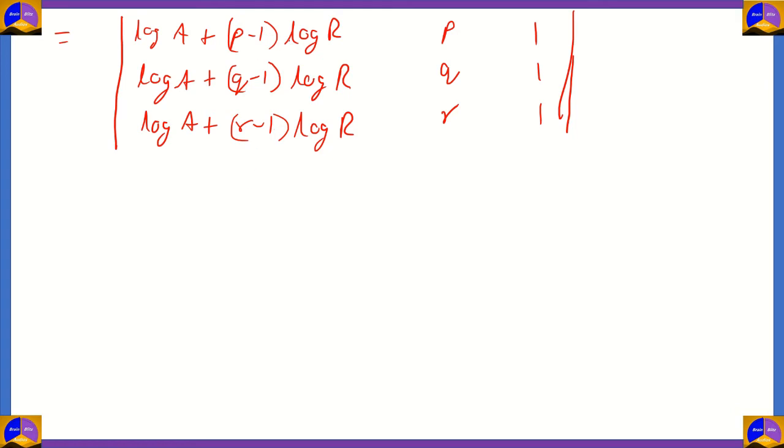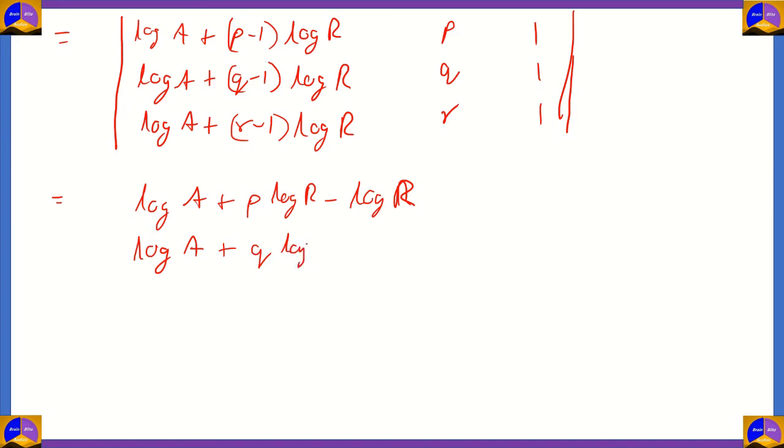So now what we do is we can just solve the bracket from here. So it will be log a plus p log r minus log r. Now this might sound tedious, but it is very important, so keep doing it. So log a plus q log r minus log r, log a plus r log r minus log r.